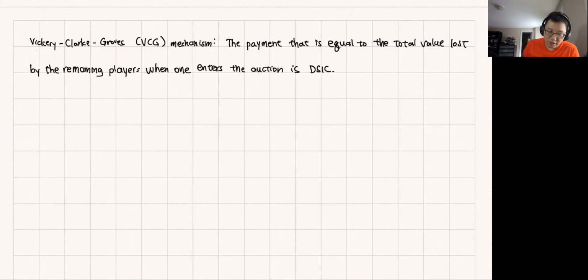This payment rule is the one that is dominant strategy incentive compatible.